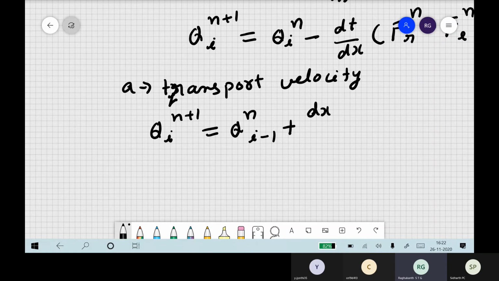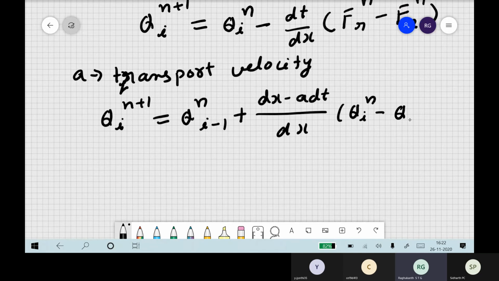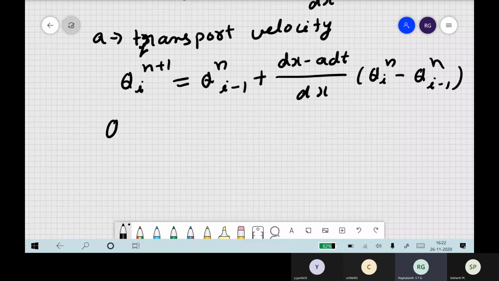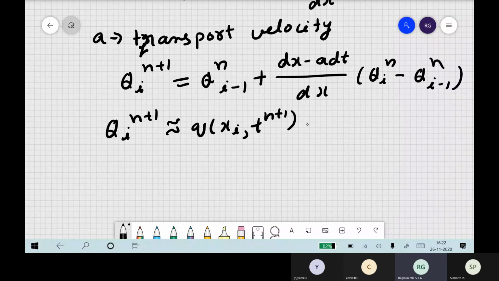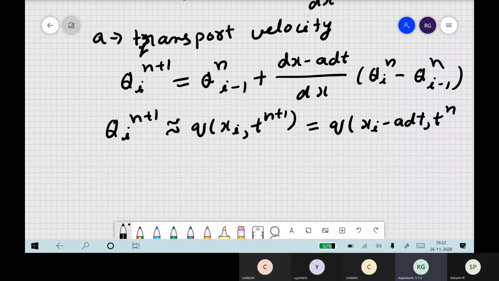This is the upwind scheme, we say. The meaning is like this: Q_i at n+1 is the same as q(x_i, t_{n+1}), which is the same as q(x_i minus a dt, t_n).